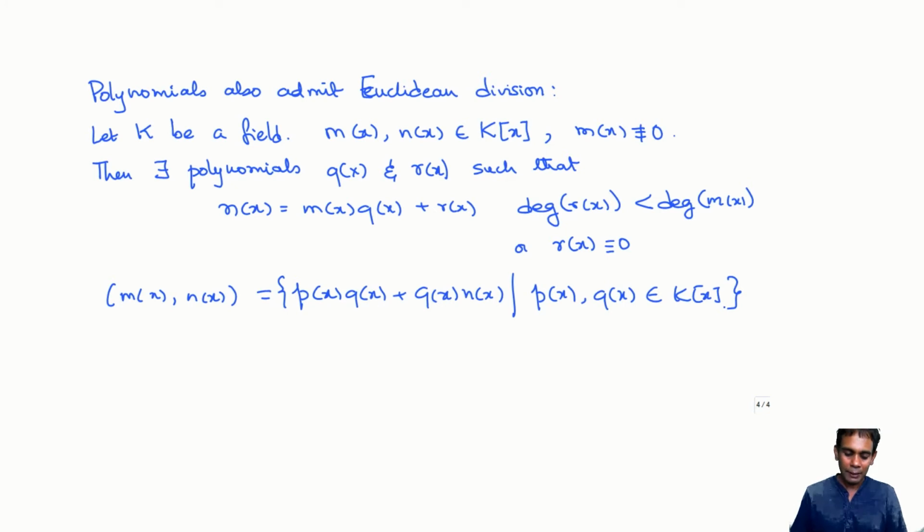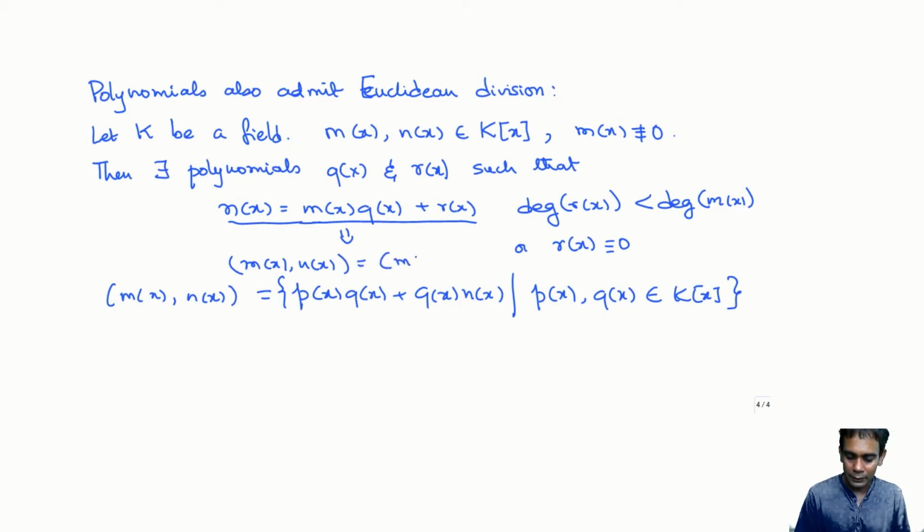And we have the same lemma: if you have this equation n(x) is m(x)q(x) plus r(x), then this would imply that the ideal generated by m(x) and n(x) is the same as the ideal generated by m(x) and r(x). So let's do an example here of the same kind.